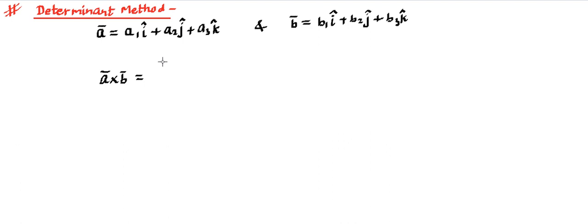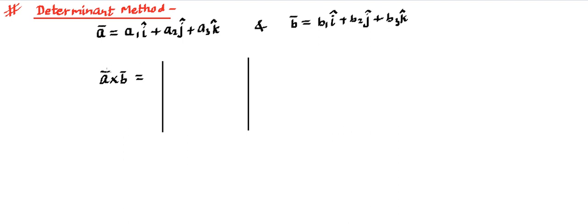For that sake, we are going to say this A cross B is going to be given by this expression. We will be making these two parallel lines. These two parallel lines are called a determinant in mathematics language. If you have read about this determinant expansion, then it's going to be easier for you, or otherwise you are going to study about determinants in 11th and 12th, after which it will become very easy for you.